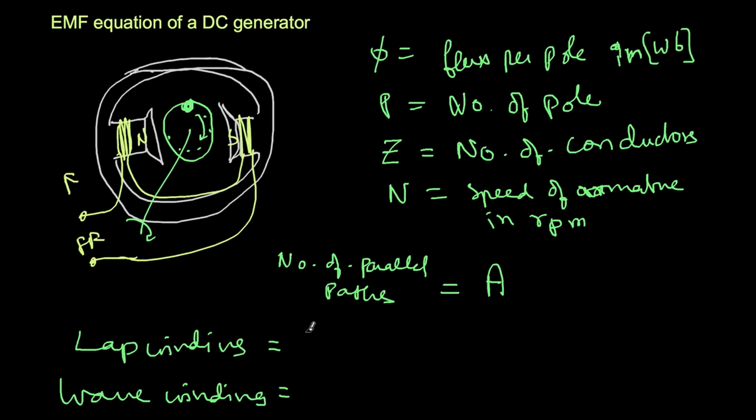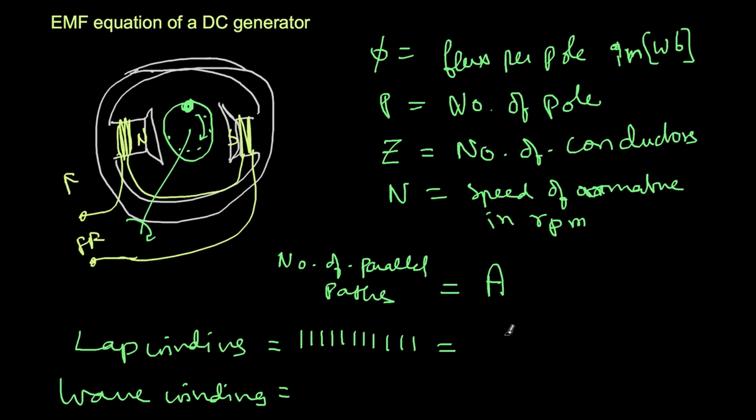In lap winding, what happens is, let's say these are all conductors. So all conductors are allocated equally to each pole. So therefore, we'll get Z divided by P parallel paths. So if there are 100 conductors and 2 poles, so there will be 50 parallel paths. I'm sorry, this is not the correct one.